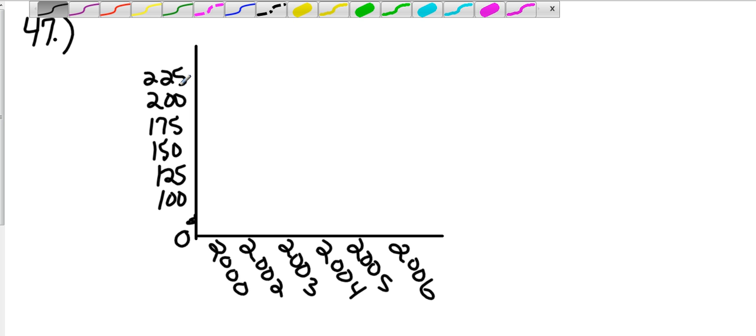Okay, 2000 is 139, somewhere in there. 2002 is 158, somewhere in there. 2003 is 170, in there. 2004 is 195. 2005 is 219.